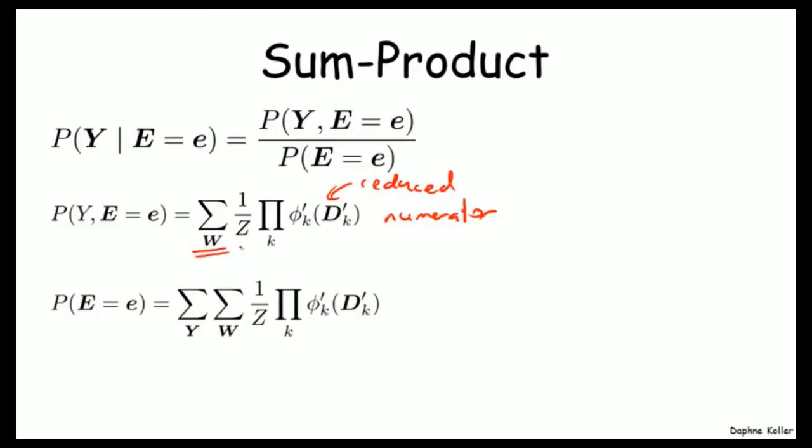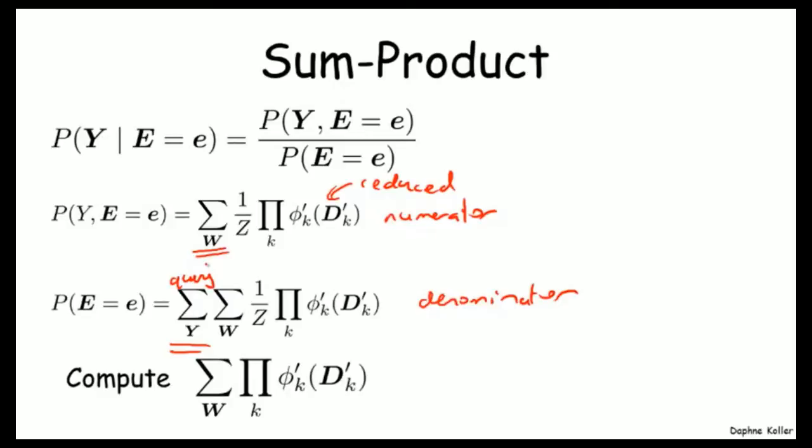The denominator of this is simply the numerator summed up over the query variables Y. And if we divide these two together, we realize that we can get away by computing simply this product of reduced factors and normalizing at the end.